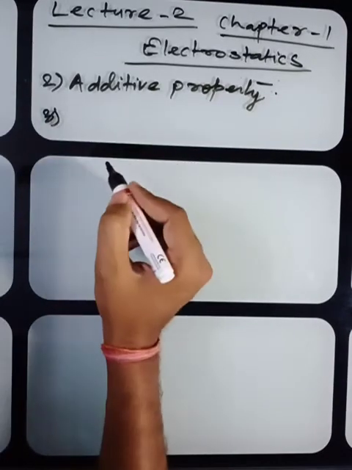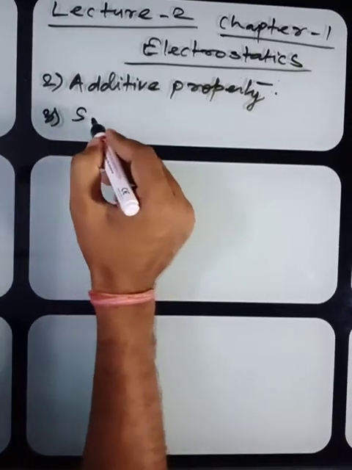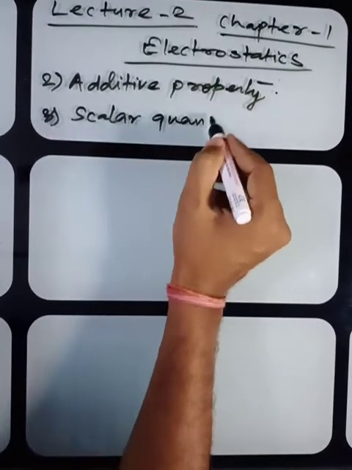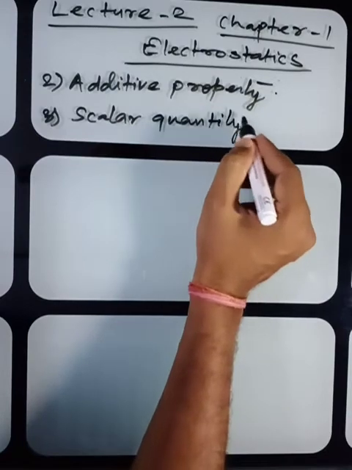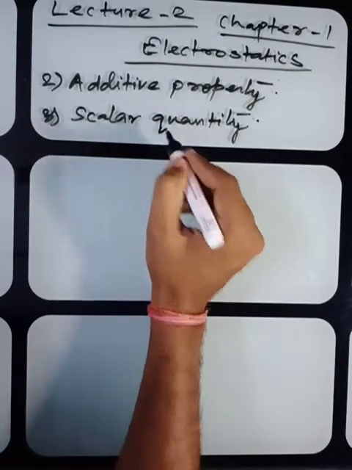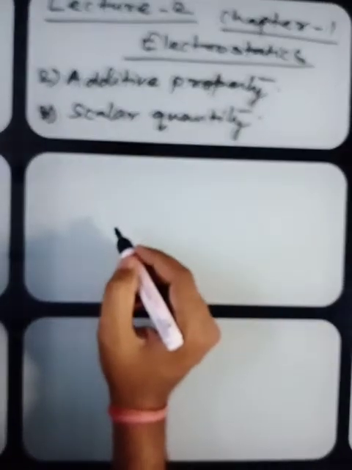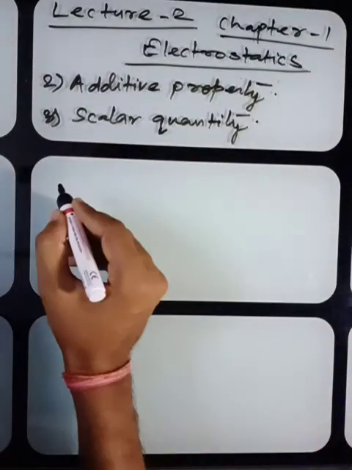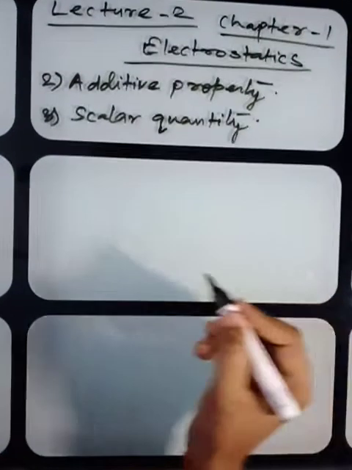You can write as a third property, it is scalar quantity. In this video lecture, if you have any query, you can ask me on my portal.